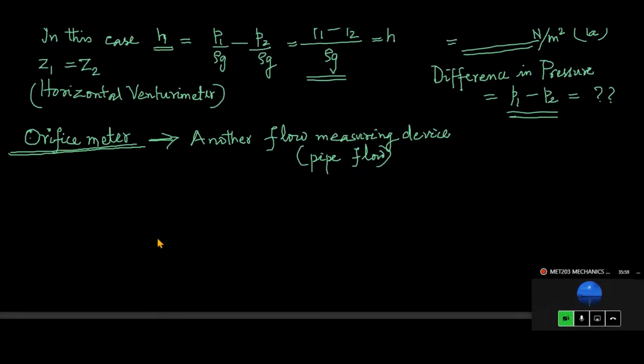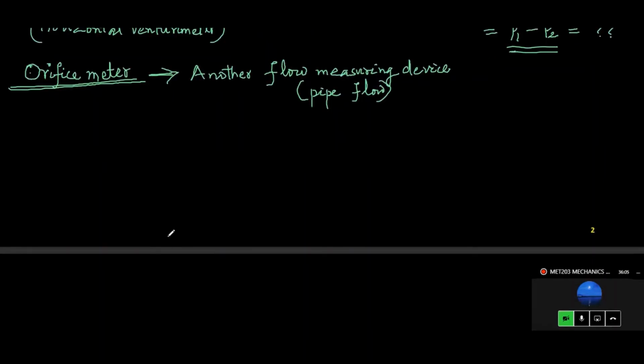So you should know how to compare these two. The energy losses involved while using an orifice meter are comparatively large. So therefore, the better or accurate measuring device is Venturi when compared to orifice meter.